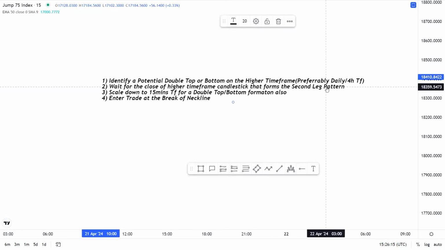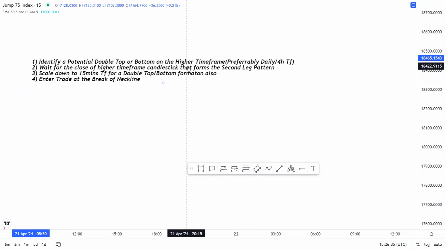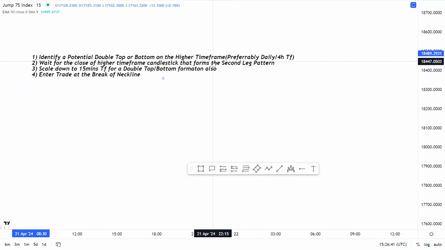And once you have the close of the higher time frame candlestick, depending on whichever time frame you must have identified the double top or bottom pattern from. So once you have identified the double top pattern from the hourly time frame, you then need to wait for the close of the hourly candlestick that forms the second leg of the pattern.